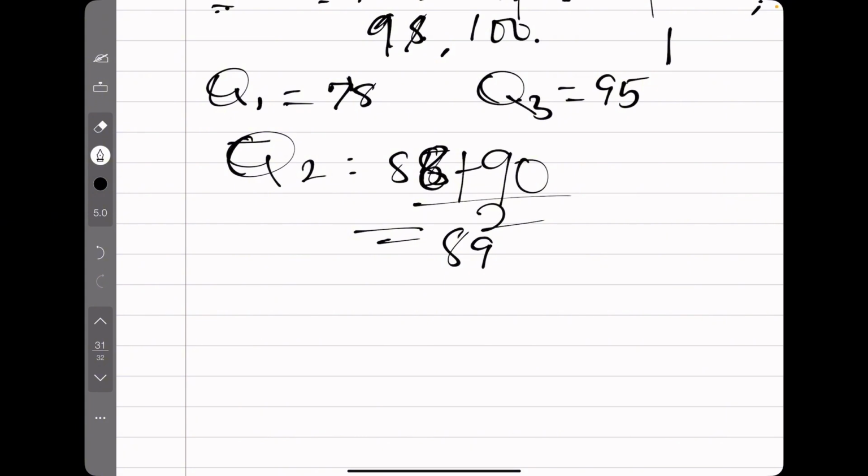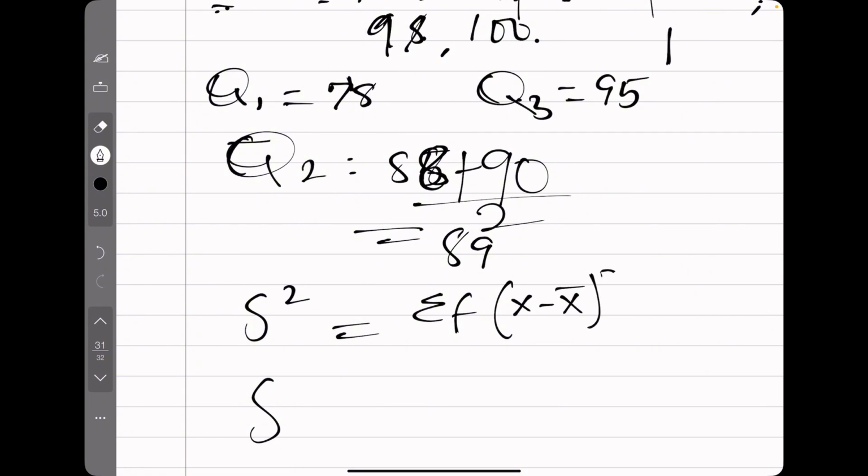Then going to our S square and S. Our S square, which is our variance, is equal to summation f into x minus x bar square over summation f. And standard deviation is the square root of S square. That means the square root of this answer.